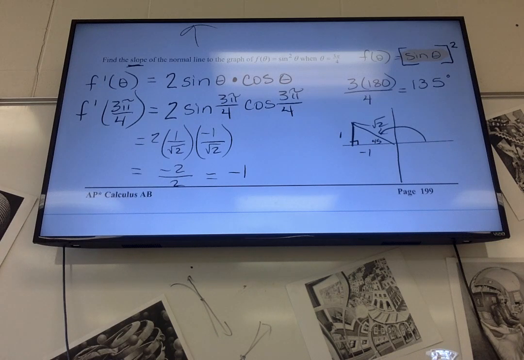So what do I have to do? Flip and change the sign. So it's really just positive 1. I said regular earlier, but regular and normal is too close to the same word. That makes sense.